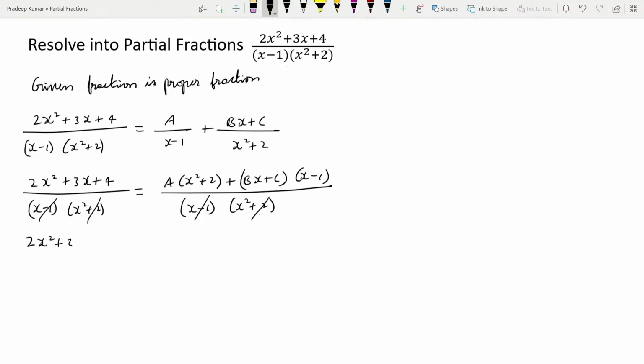2x² + 3x + 4 = A(x² + 2) + (Bx + C)(x − 1).